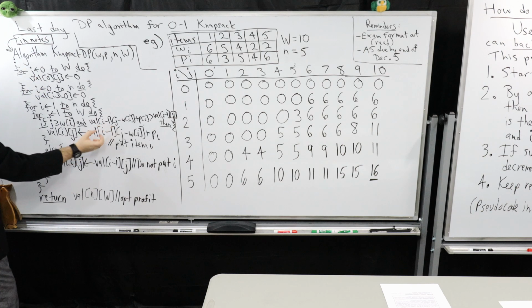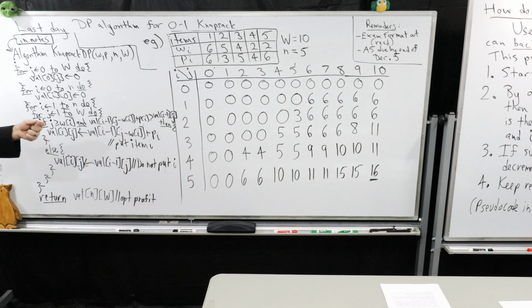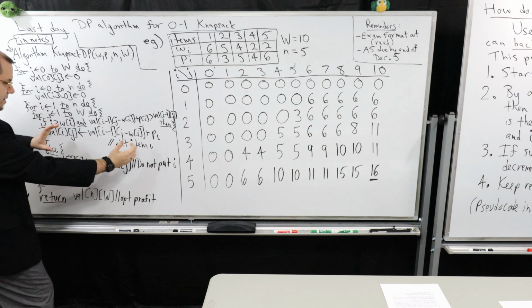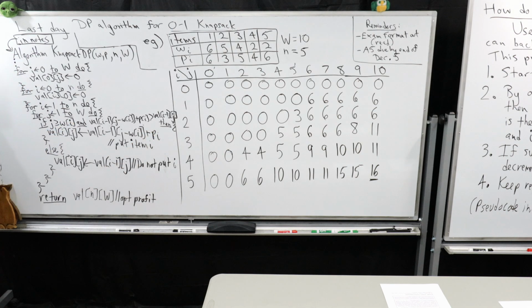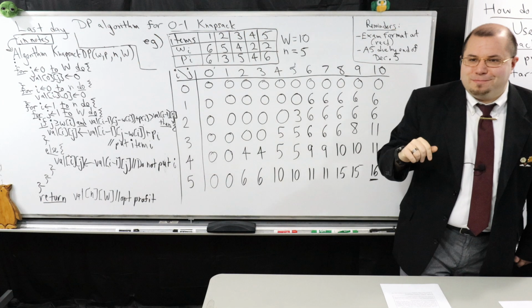This would be in the row directly above it, and the column that is to the left if I subtract off the weight of item i. Remember, this case right here is me simply adding in the item i. That's one thing I really want you to take note of, because that's going to be really relevant when we start talking about how we pick the items.